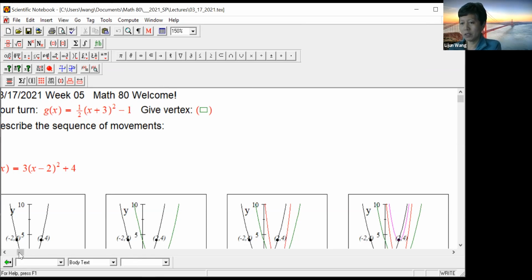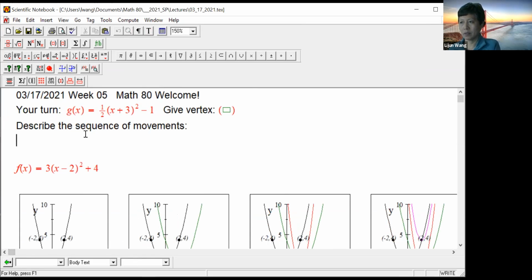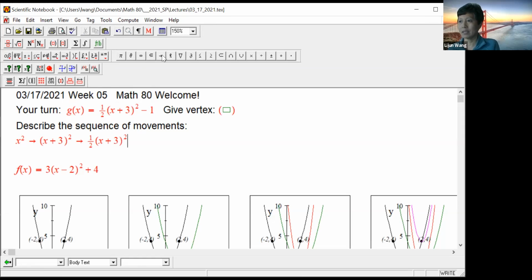So let's see, what is your sequence of movement? The first one, of course, is x squared. And the next one is what? X plus 3 squared. And then what? Half. Right? And last but not least, shifting.